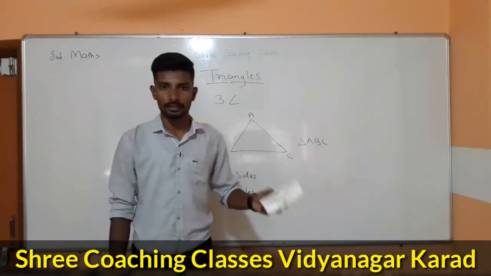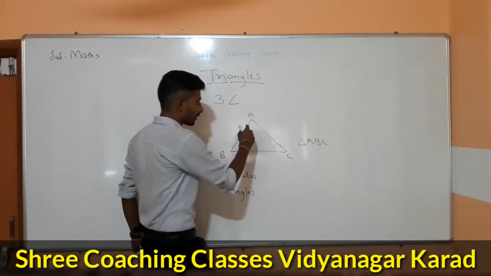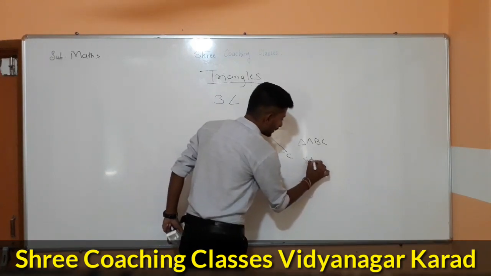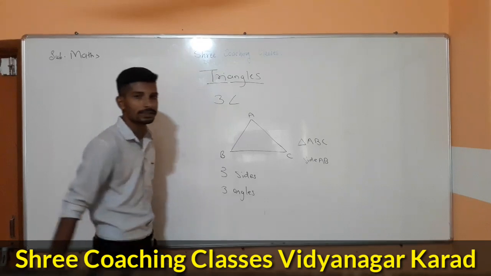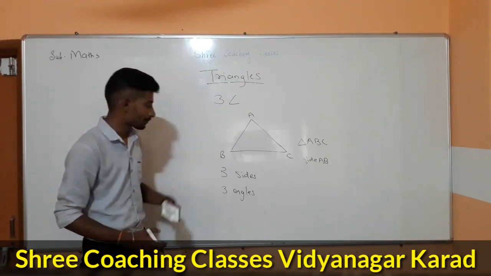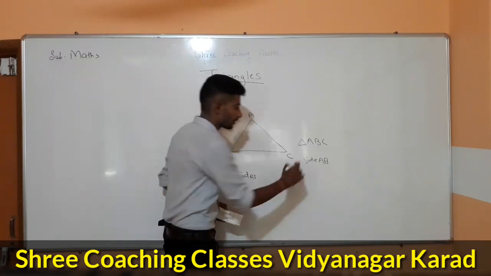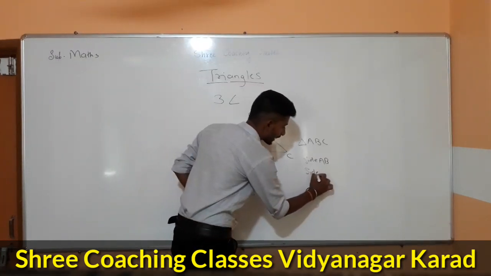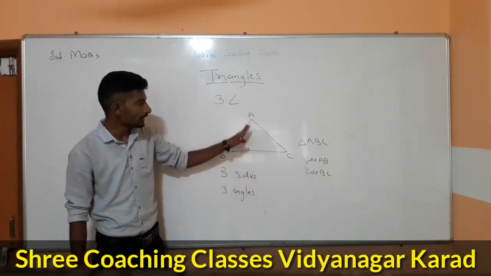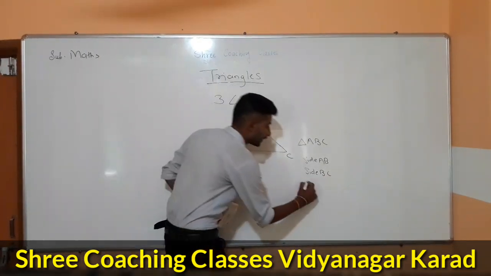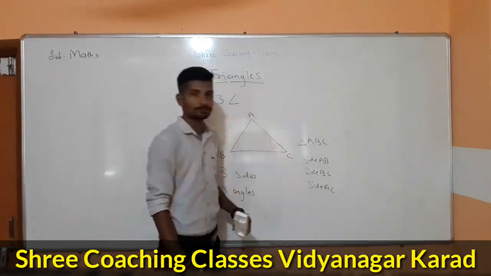First we will write side AB, the next side BC, and the third side is AC, so we write side AC.